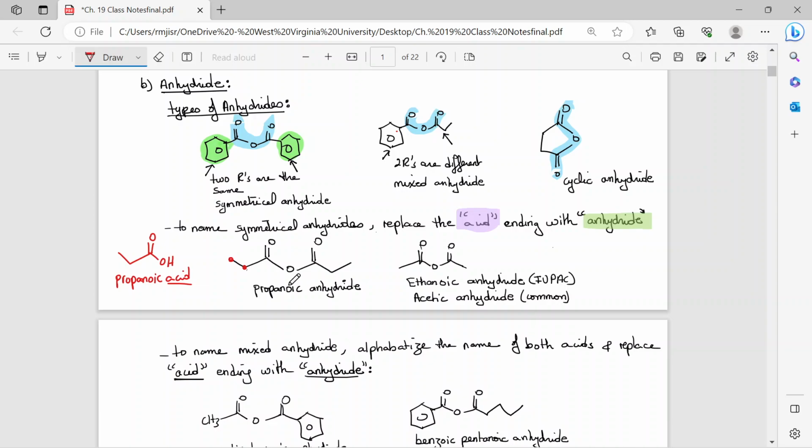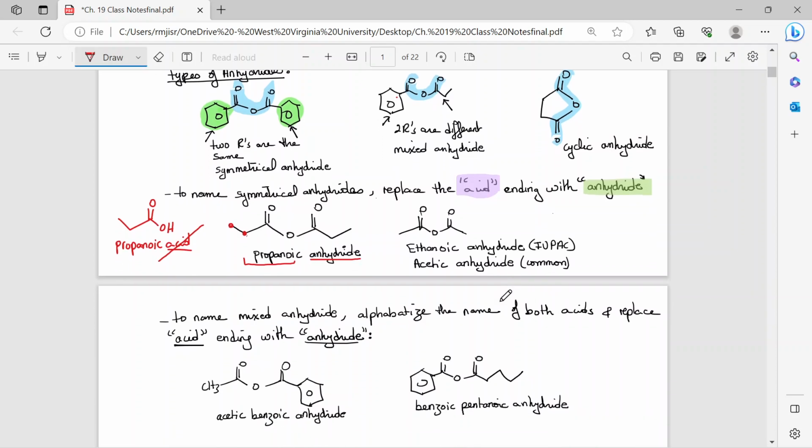So all you need to do is simply drop the acid and add anhydride. When you look at the name and you see that there is only one R in there, this means that this R is twice and this is a symmetrical anhydride. Same thing over here. This is going to be an ethanoic anhydride. This has a common name. Instead of acetic acid, you drop the acid out, and that is going to be acetic anhydride as a common name.